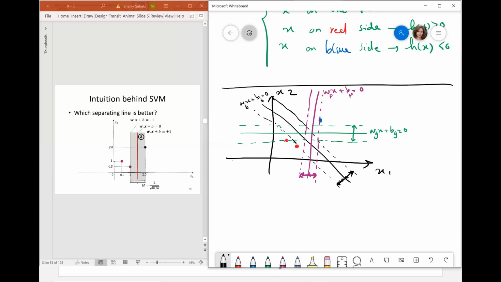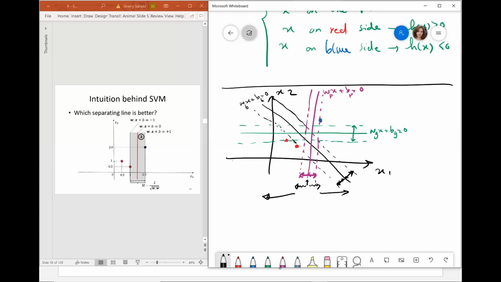If I have my line here, if I move from this line a little bit to the right and a little bit to the left, I'm going to be fine, because there are no data points in this area of the margin. Then I can say, okay, whatever falls on the right-hand side of the right purple margin is definitely going to be a blue data point, and whatever falls on the left-hand side of the left margin of the purple line is definitely going to be a red data point.